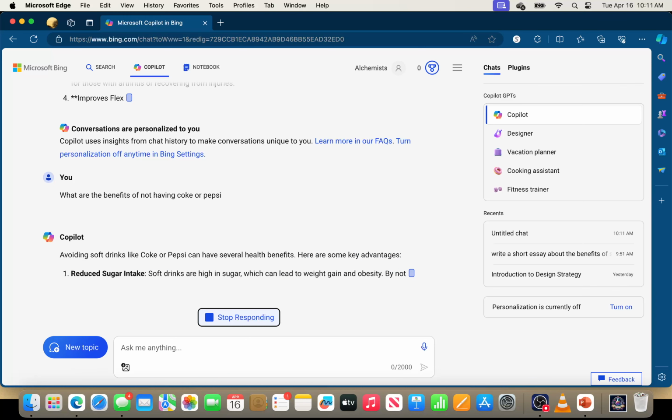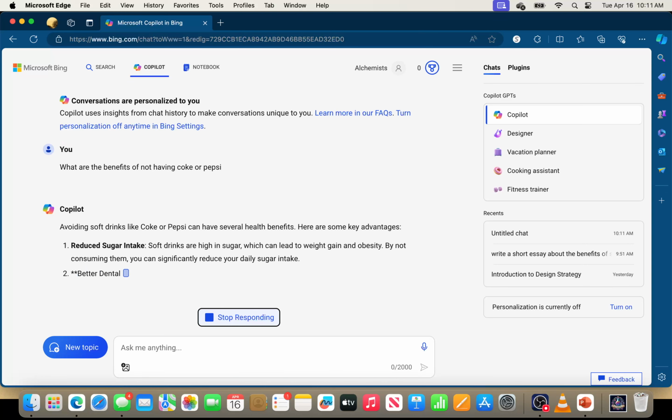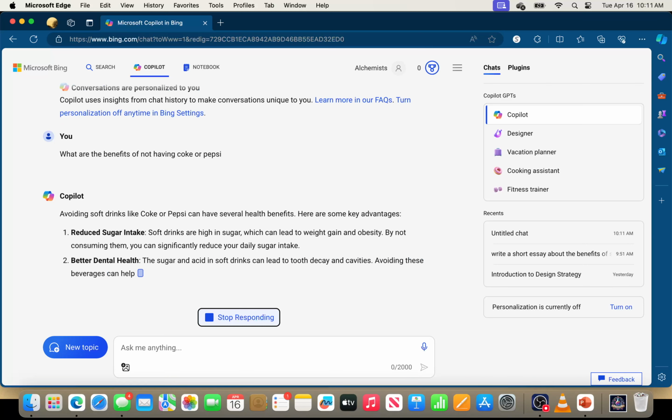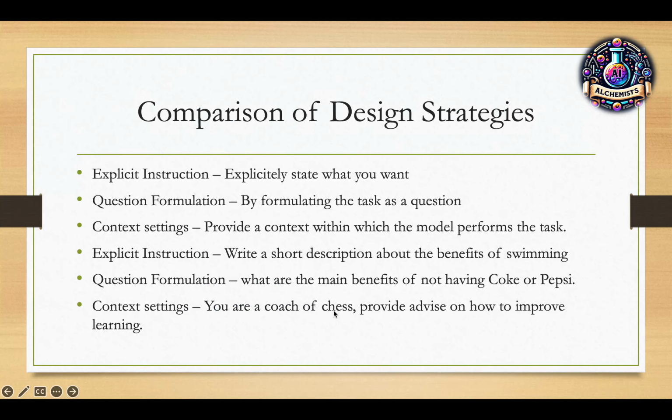Reduced sugar intake, nice. Soft drinks are high in sugar. Better dental health. Look at it, the sugar and acid in soft drinks, avoiding them is better, and a lower risk of diabetes. Think about it. Then context settings.